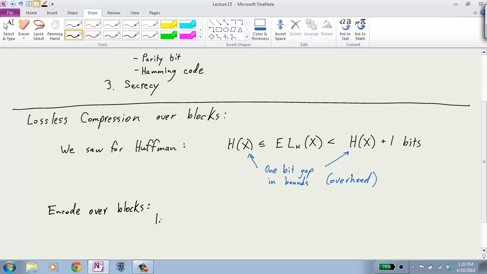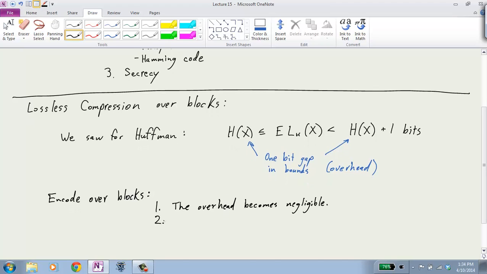The first one is that the overhead becomes negligible. And the second one is that this can take advantage of correlations, if there are correlations in the sequence of information.